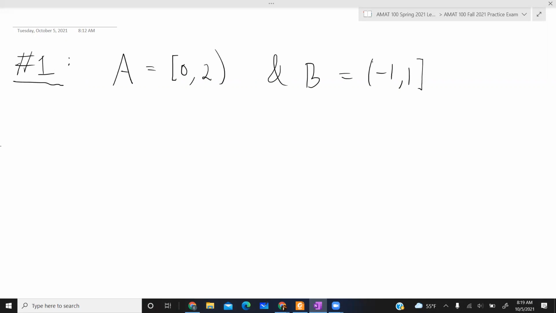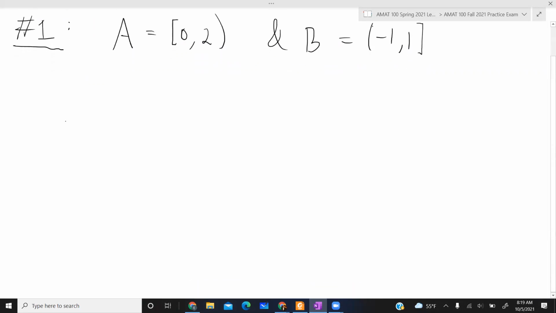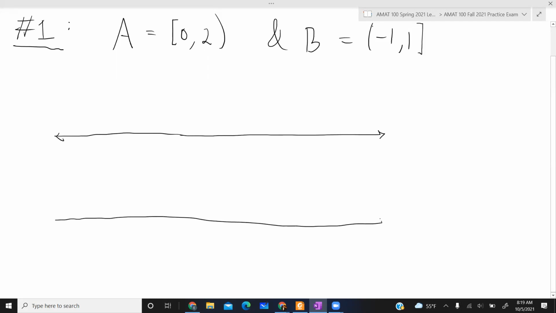The best way I find to do this is to draw 2 copies of the real line parallel to each other, and then we're going to plot each set. So this will be A, this will be B. Maybe we have -1, 0, 1, 2.